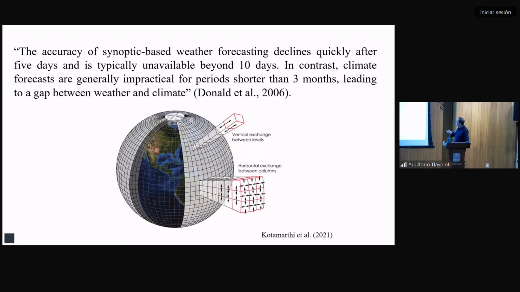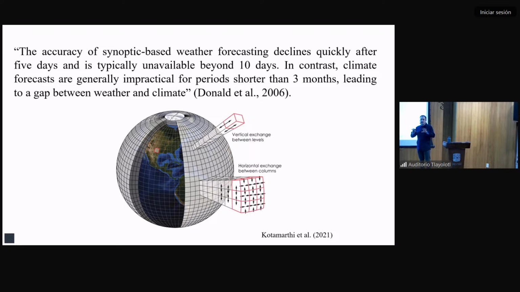And if we want to do climate forecasts, we need our models to warm up, to adjust to the external forcings and the boundary conditions. So the models need a preparation time. So the climate forecasts are generally impractical for periods shorter than 3 months.